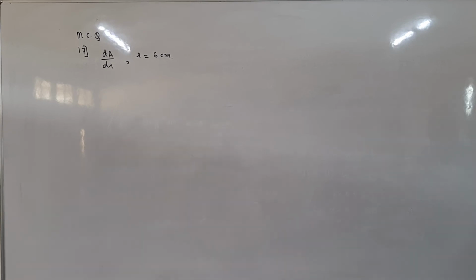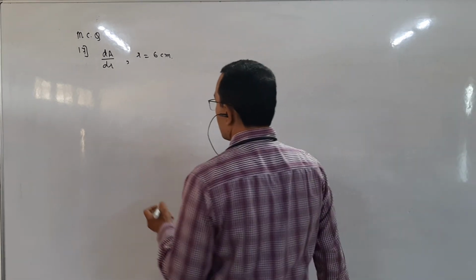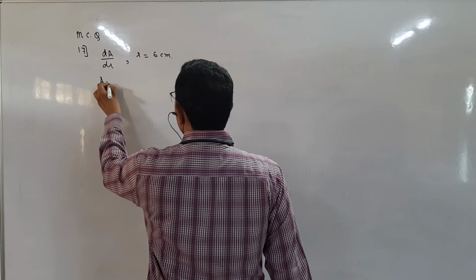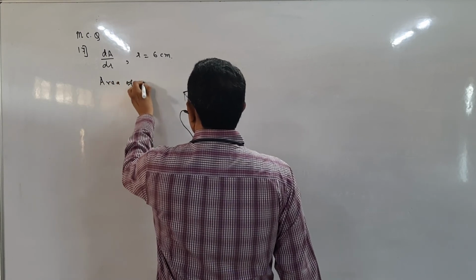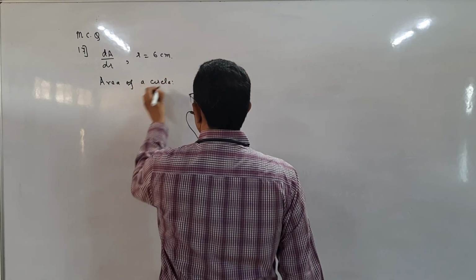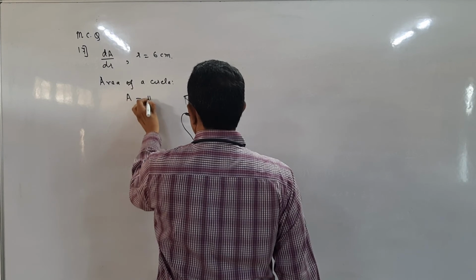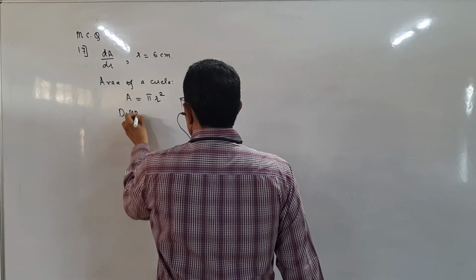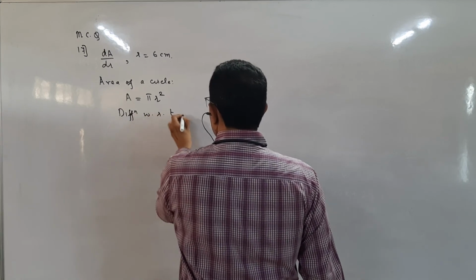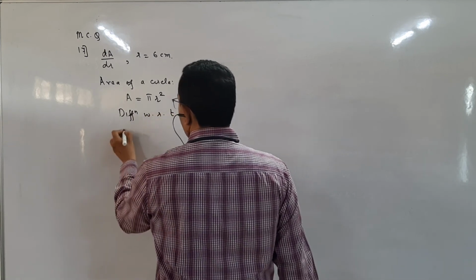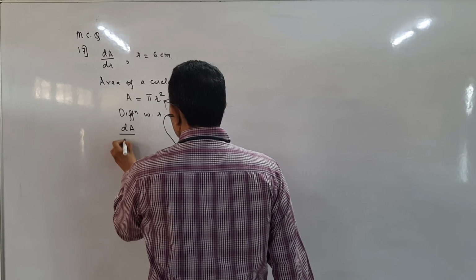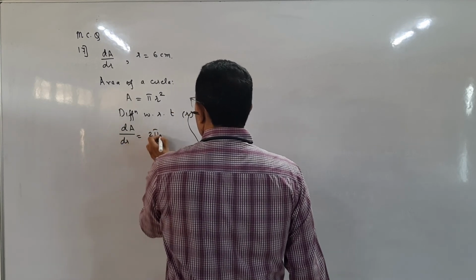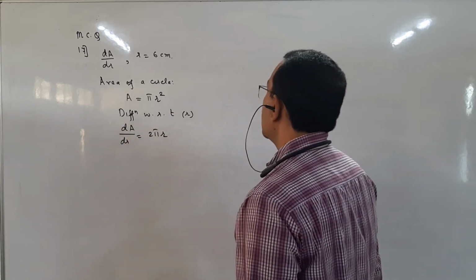What is the formula to find the area of a circle? We can write area of a circle A is equal to pi r square. Differentiating with respect to r, dA by dr is 2 pi r.